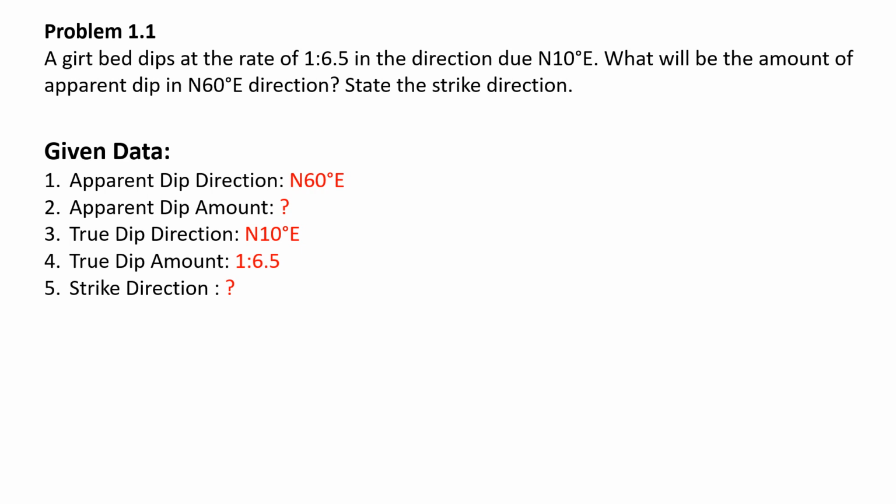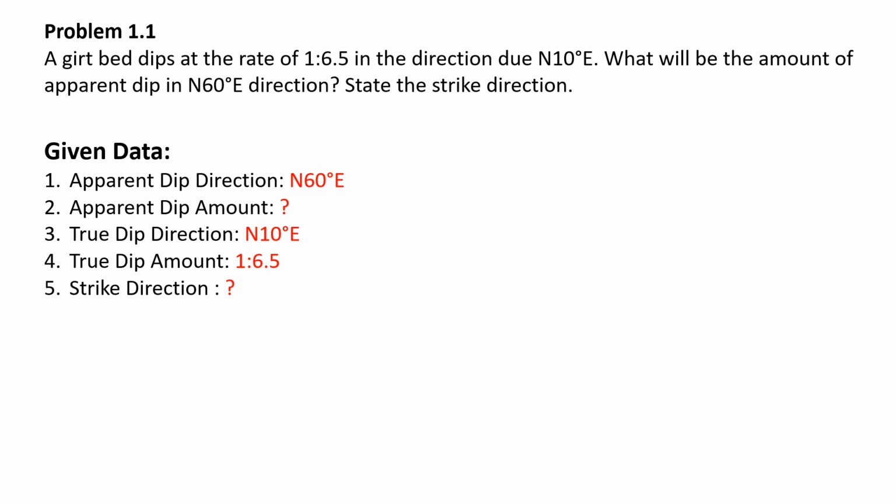So for every problem this given section will always be repeated. They have given a true dip direction, north 10 degrees east, and the true dip amount as 1:6.5. They also gave the apparent dip direction, north 60 degrees east. We have to find out the apparent dip amount, and also the strike direction.